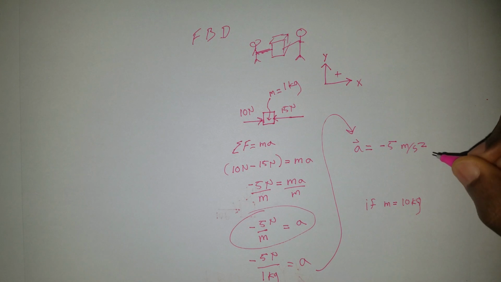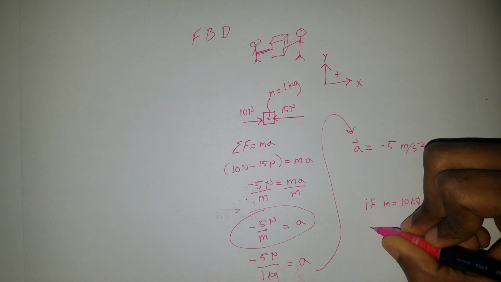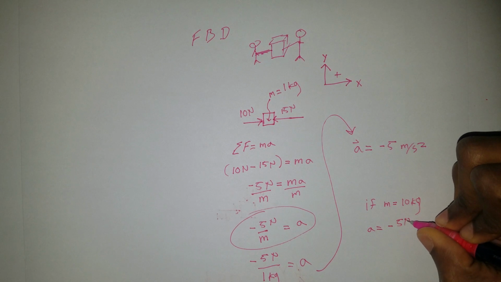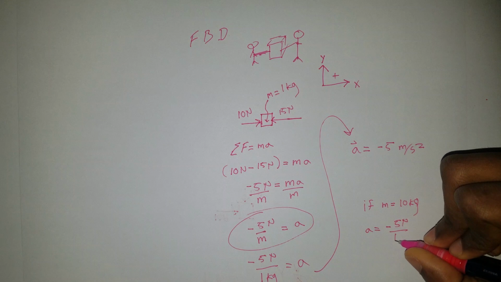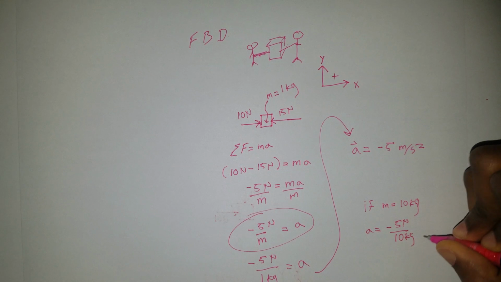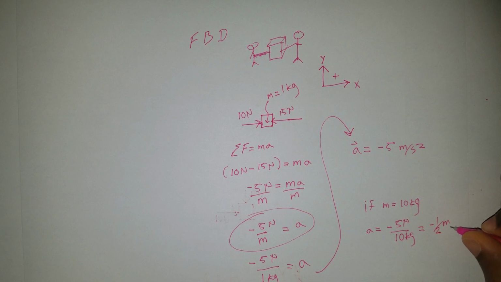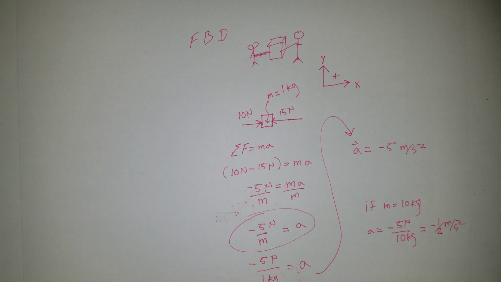If the mass is 10 kilograms, then the acceleration is negative 5 newtons over 10 kilograms, which is equal to negative 1/2 meters per second squared. This is 10 times slower than before. It should lead to another relationship.